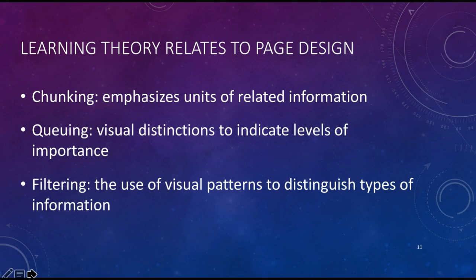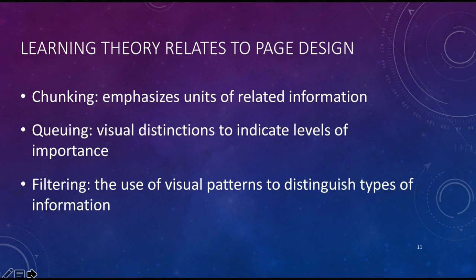Cueing is the visual distinctions to indicate levels of importance. So we saw that with our titles and our use of color on the example that has an outline, like an outline with the Roman numeral 5, that gives you those visual distinctions. Bulleting could do that, numbering could do that, color can do that.